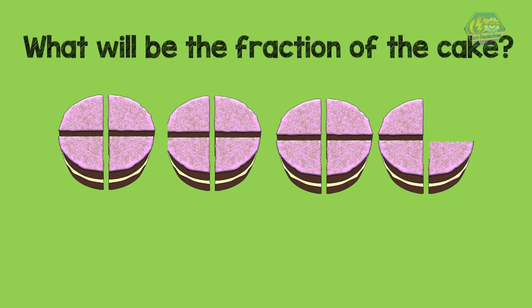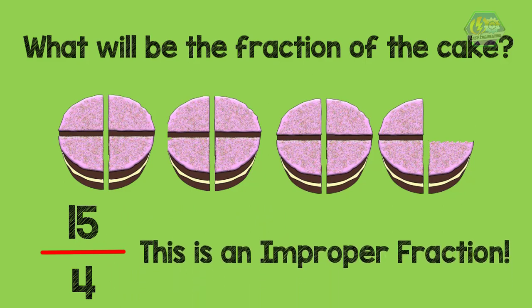In this example, the denominator is 4 because it is the total number of slices that makes up 1 whole cake. The total number of all slices of cake is 15. Therefore, this will be our numerator. So the fraction can be written as 15 over 4. 15 is greater than 4. So this fraction is an example of an improper fraction.